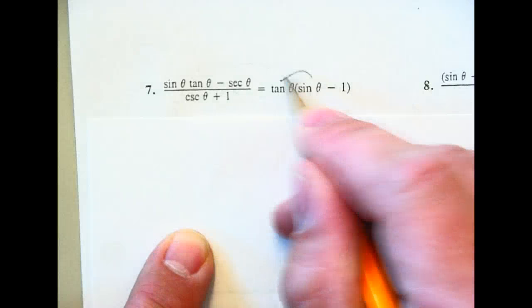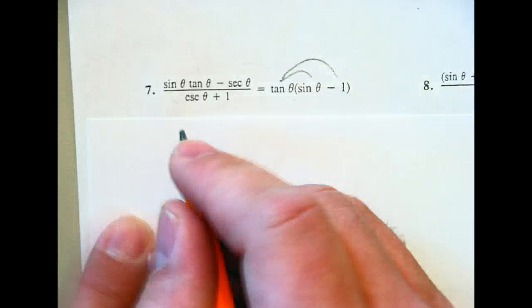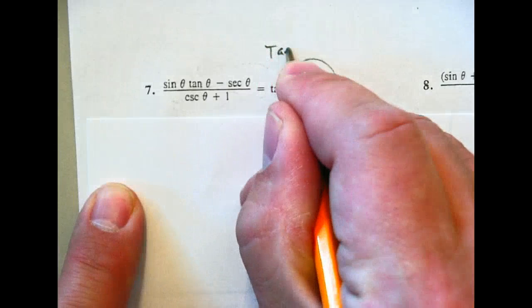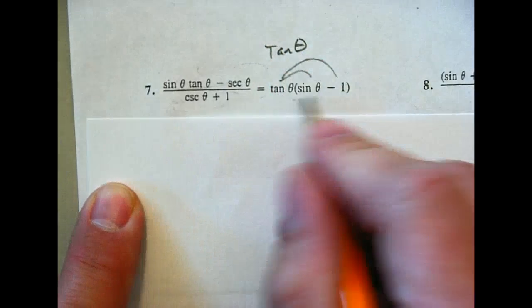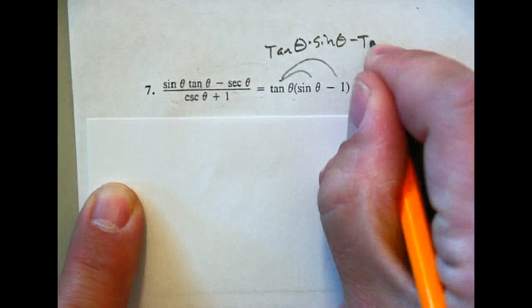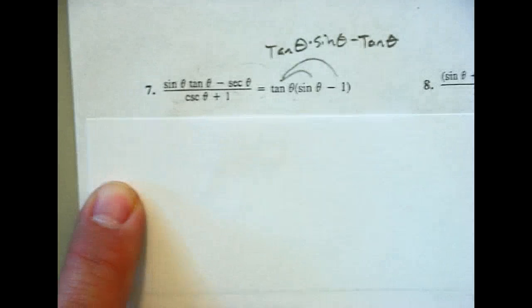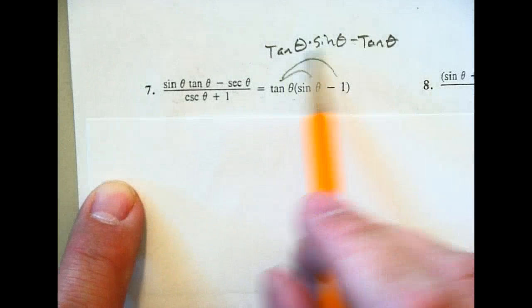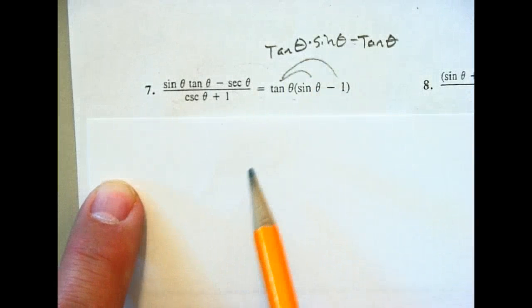You don't have to, but that's going to give me tan theta times sine theta minus tan theta. Tan and sine don't cancel anything.